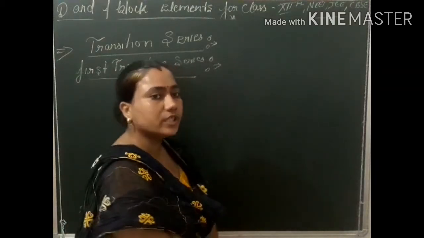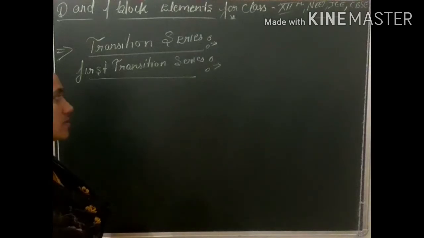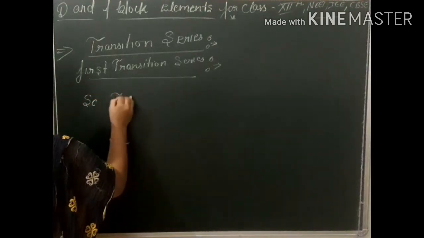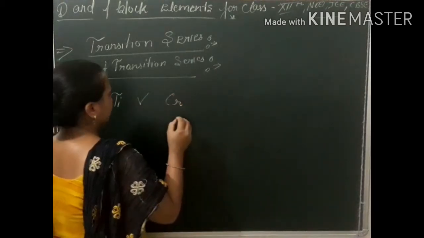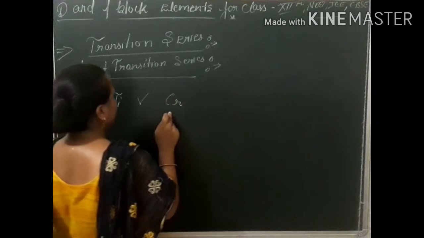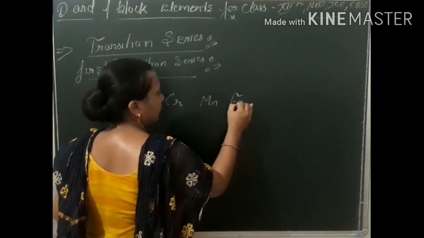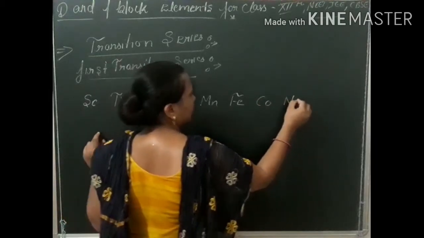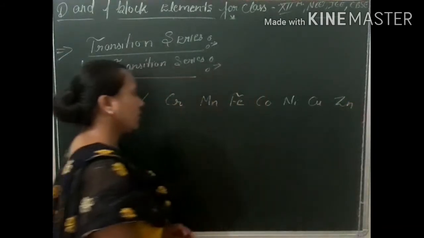Scandium to zinc is the first transition series. The elements of the first transition series are scandium, titanium, vanadium, chromium, then iron, cobalt, nickel, copper and zinc.